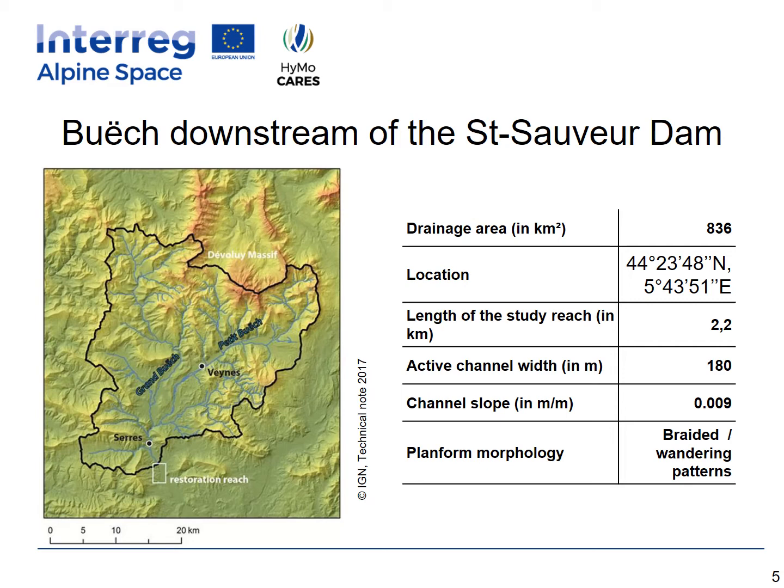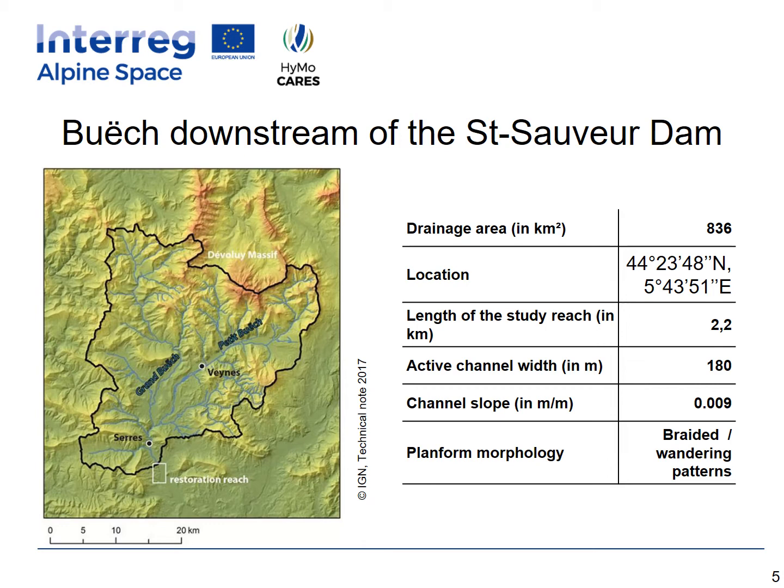This reach drains a 836 square kilometer upland catchment with a maximum elevation of 2,709 meters, which is the Pic de Bure in the Dévoluy Massif. The catchment geology is exclusively composed of sedimentary rocks, mainly of Jurassic and Cretaceous ages.